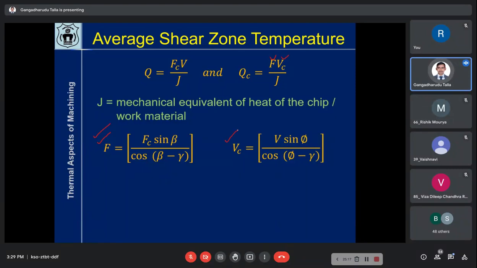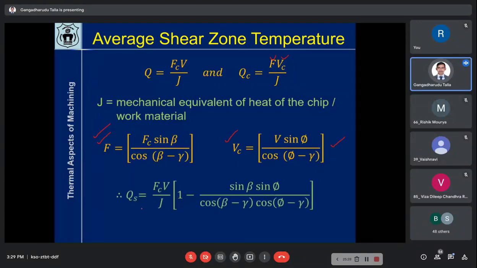Similarly, we know the relation between velocities. So chip velocity Vc is equal to V sine phi by cos phi minus gamma. So using these two, you can now rewrite Qs is equal to Fc into V divided by J.